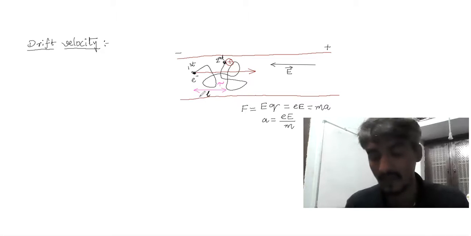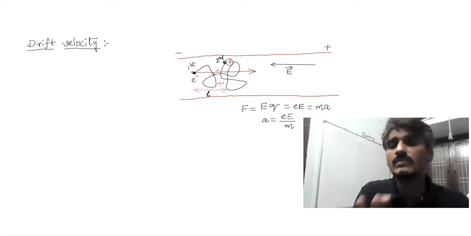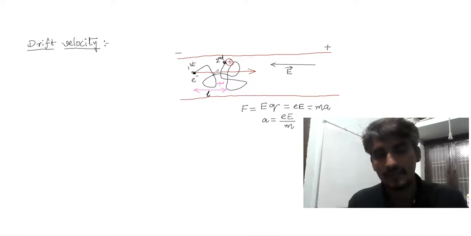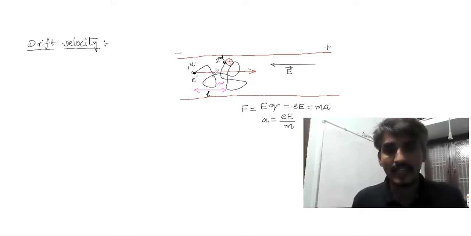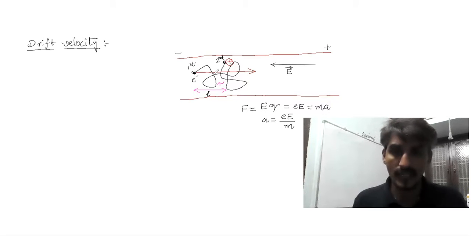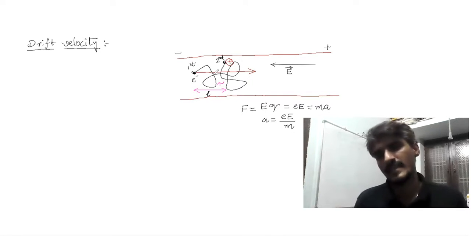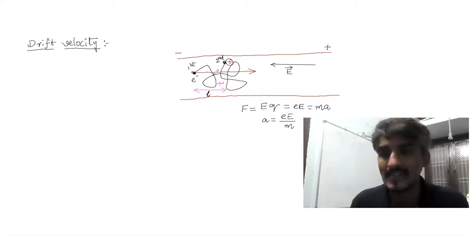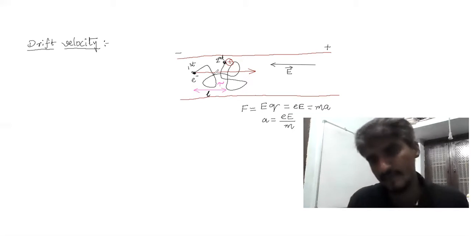So in between two successive collisions, if we consider the motion of the electron, it is not in ordered motion, it is in a random manner. So still we can say that its motion is not ordered motion, even though we are connecting it to a battery. It is random motion only, but it has a specified path.